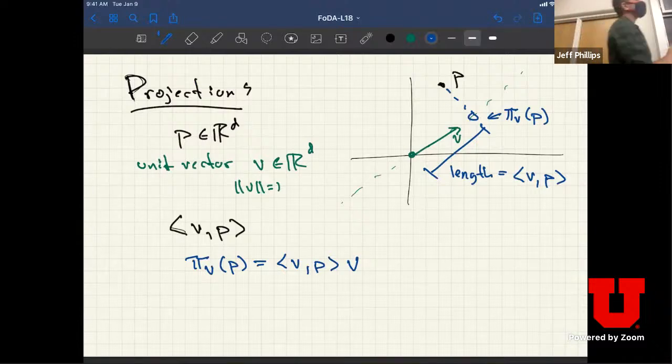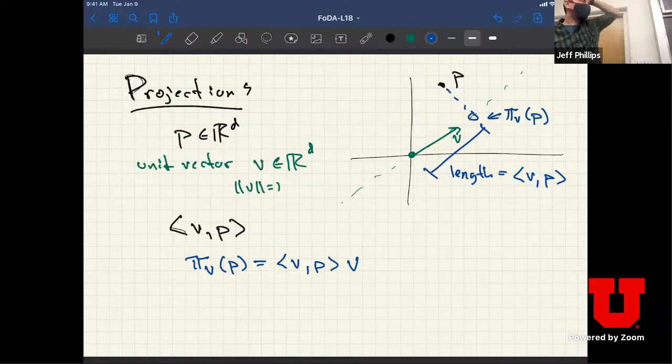So that vector V tells me I'm on that vector V, and how far am I going to go? If the length was 1, I'd be right at the tip of the arrow. But if the length is a little bit larger than 1, let's say 1.2, then I'll be about at that blue circle where that projection of P onto V is. Okay?